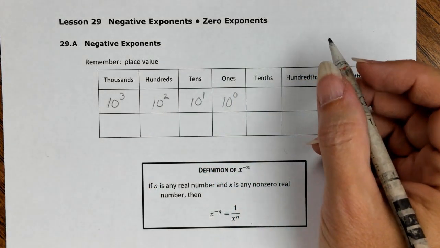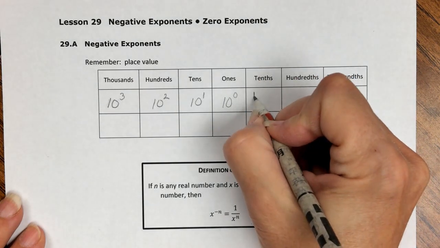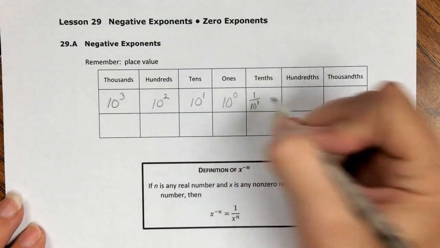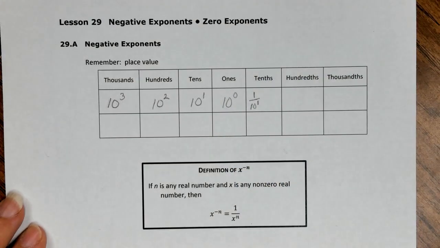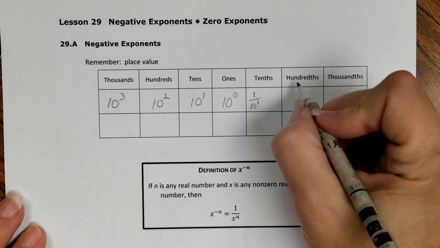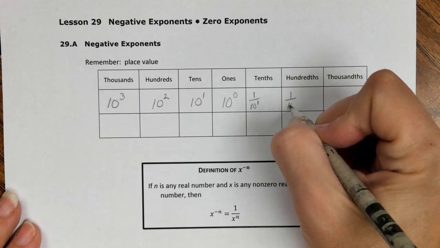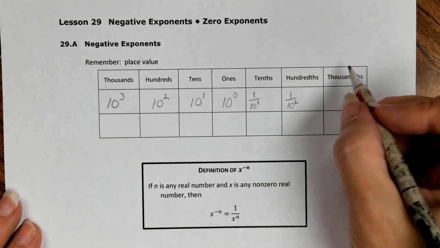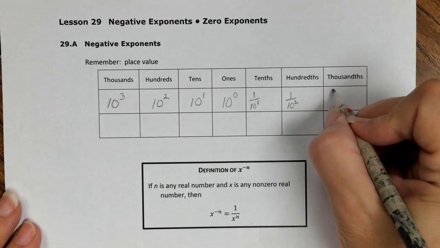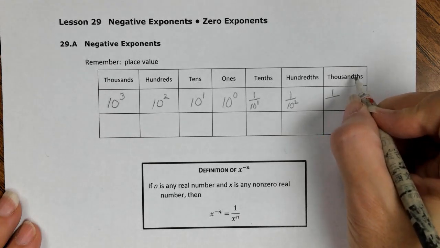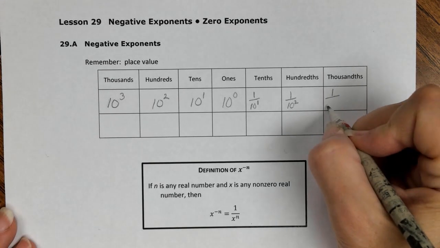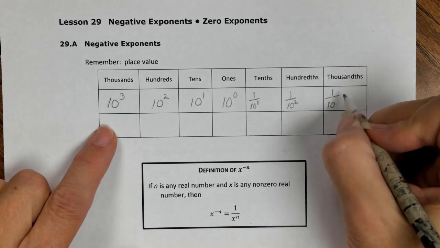And then tenths, okay, that's 1 over 10 to the 1, right? And hundredths, that's 1 over 100, so that's 1 over 10 squared. And I'm writing this to the side for a reason. Thousandths, that's 1 over 1,000, but 1,000 is 10 to the third.